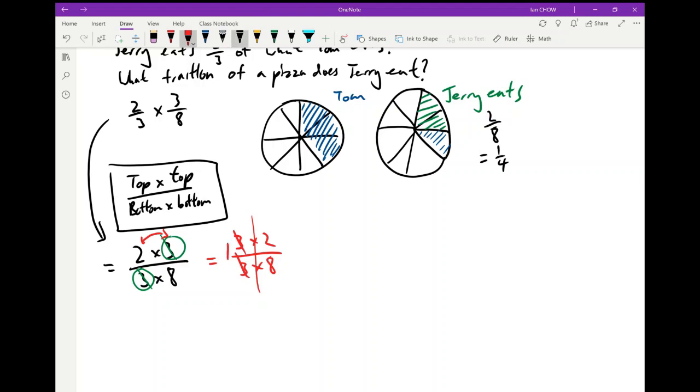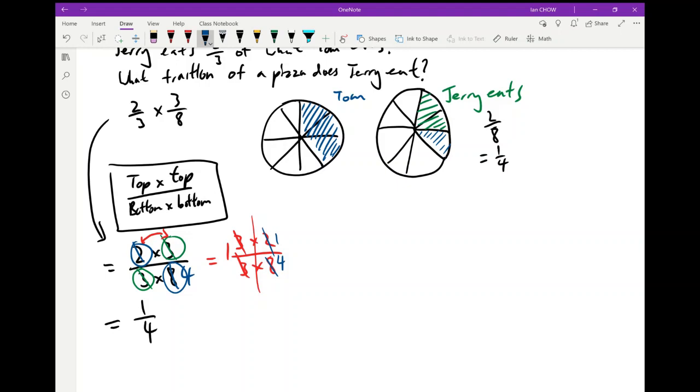On the right side, we have 2 and 8. They are both even numbers, so 2 and 8 can simplify into 1 over 4. Overall, our fraction becomes 1 over 4. Now, if you don't want to simplify this way by crossing because you think it's messy, you don't have to.